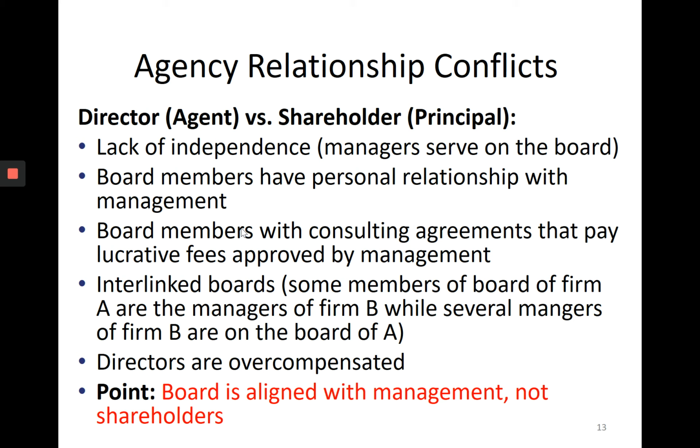So the whole point of this agency problem is that board members may be aligned with managers and not with shareholders. And quite a few items mentioned in this list are commonplace with board members in real corporate boards.